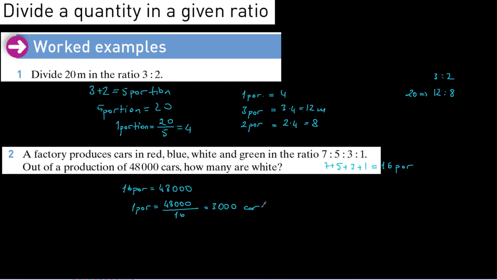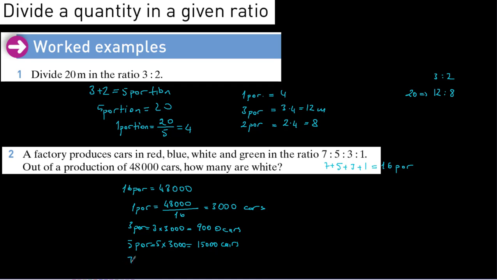So 1 portion is 3,000 cars. 3 portions should be equal to 3 times 3,000, which is equal to 9,000 cars. And 5 portions is equal to 5 times 3,000, which is equal to 15,000 cars.